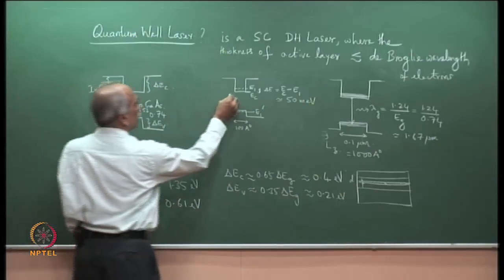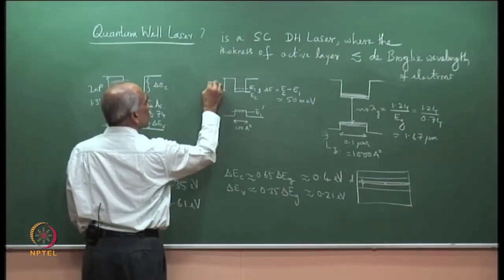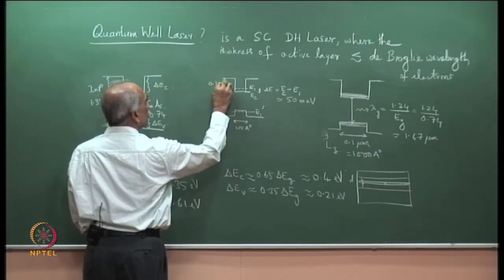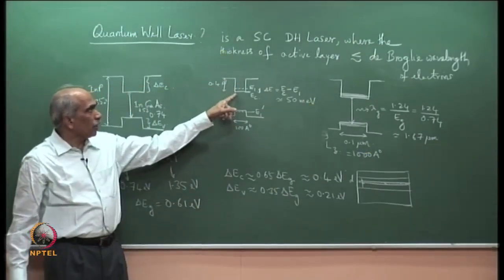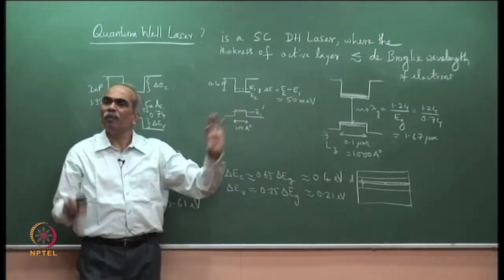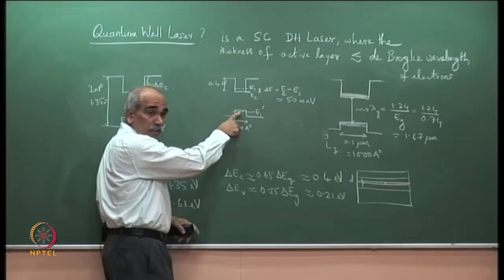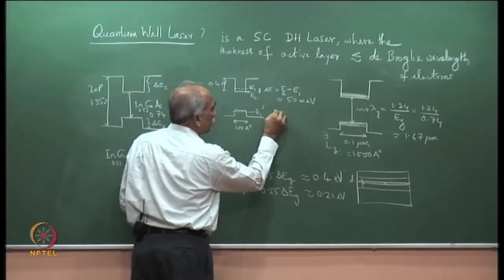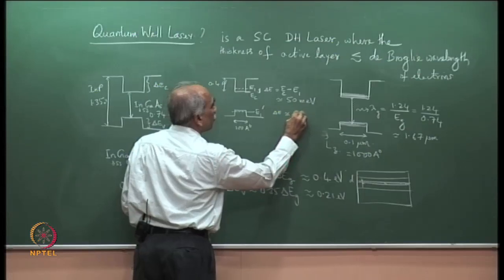Please see that this height is 0.4 eV. So, the shift that you got for E1 is 0.05 eV, typical numbers. And here the shift is relatively less, and this delta E is typically about 10 meV.